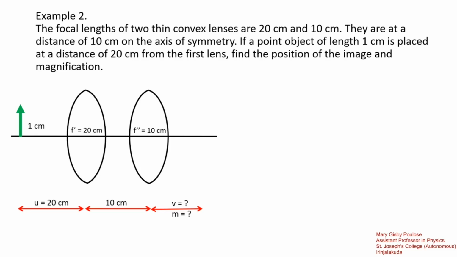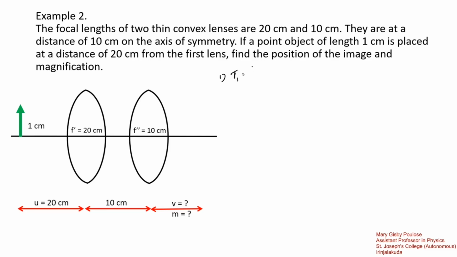Right. Let us understand the different operations undergoing here. The rays from the point object first translate through the medium towards the first lens. So the first operation is translation. Let us call it T1.